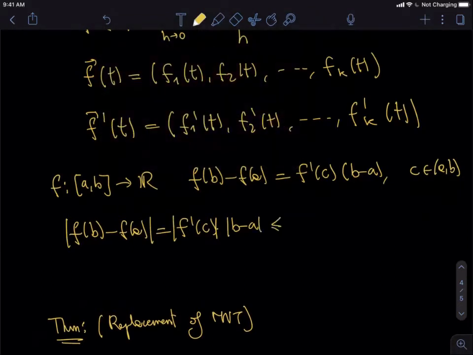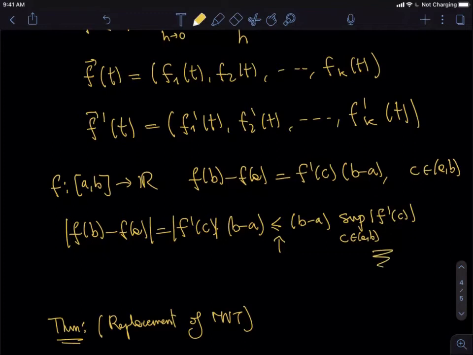And then just replace f' by the supremum of the derivative in (a,b). Okay, this is an estimate that is used very often. Okay, b minus a, actually here I don't need the absolute value either because I know it's positive. But many times what we need is just an estimate, not an equality, but an inequality. And we can work with the supremum. Instead of knowing that there is only one c, we just need the supremum.